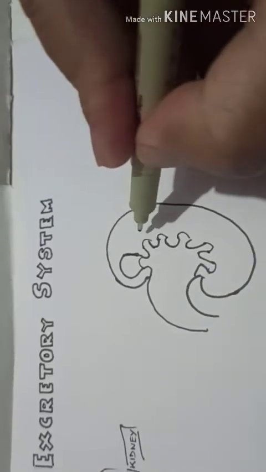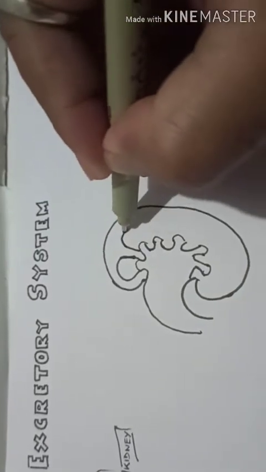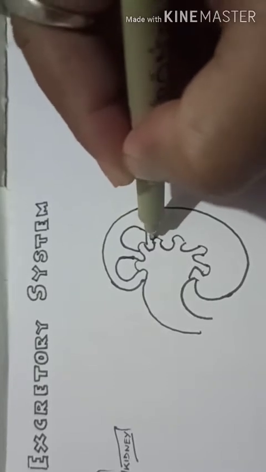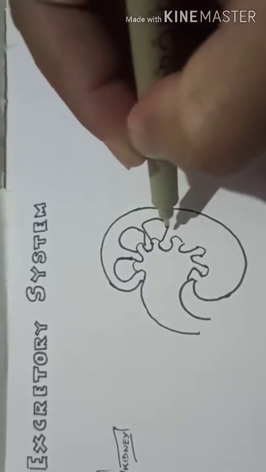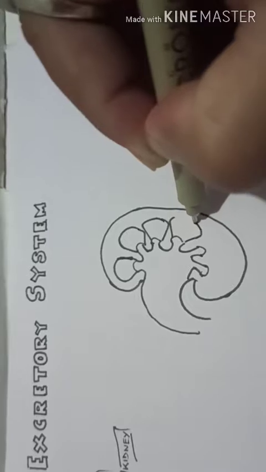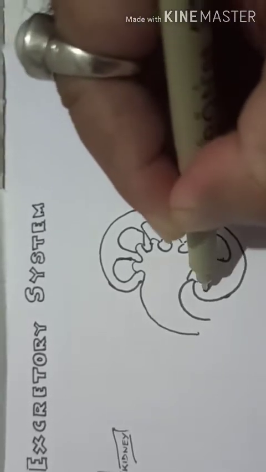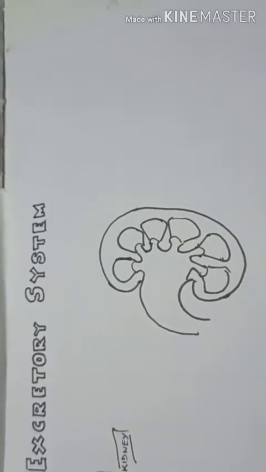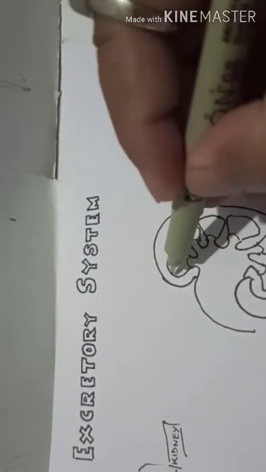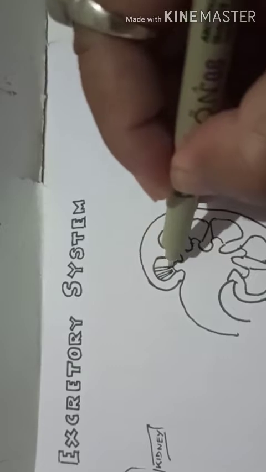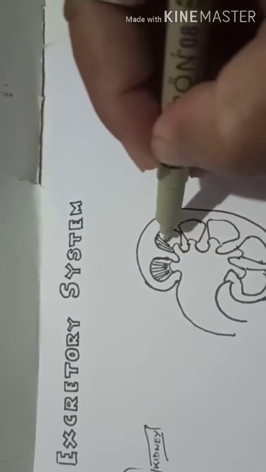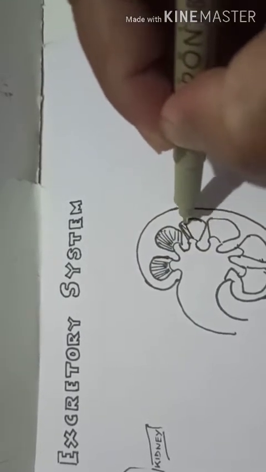So the structure is going to have something like this. Throughout the kidney, we find this pyramidal kind of shape present throughout the entire interior portion. This shape is not smooth, but rather it has streaks in it.